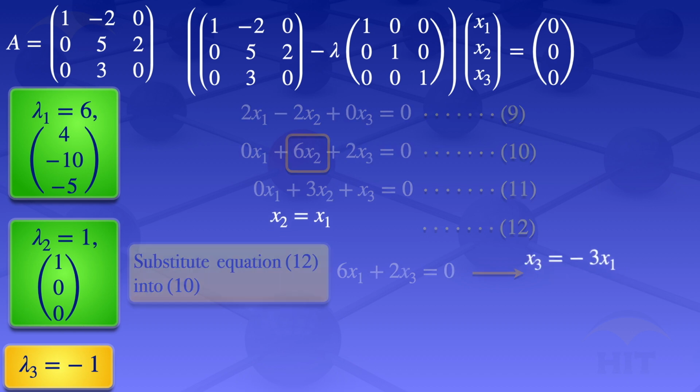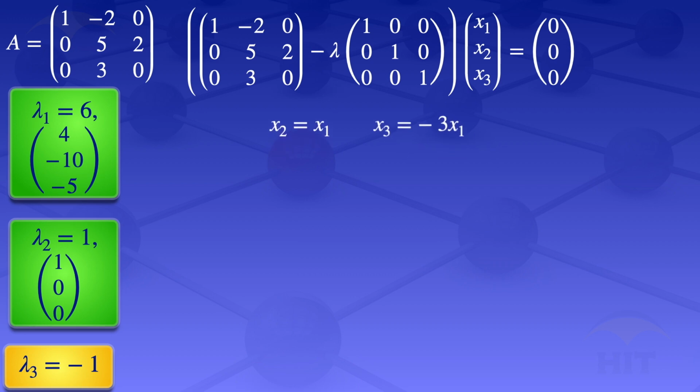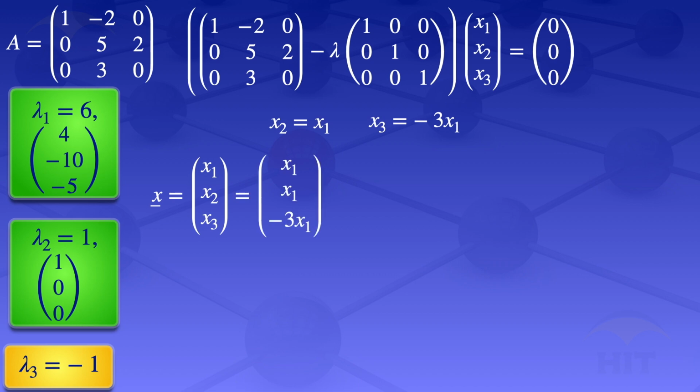So what we are having there is those two equations, x2 is equals to x1, x3 is equals to minus 3x1. Our vector x has components x1, x2, x3. But we are saying x2 is x1, x3 is equals to minus 3x1. So our vector becomes x1, x1, minus 3x1.